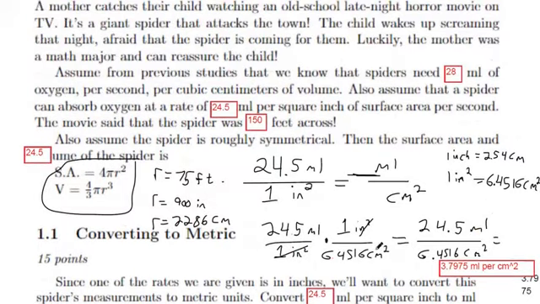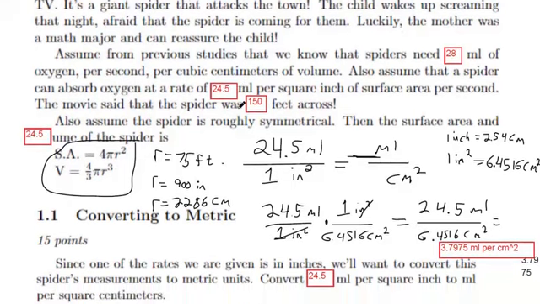What does it need? My spider needs 28 milliliters of oxygen per second per cubic centimeter of volume, and their spider can absorb oxygen. So my particular spider needs 28 milliliters of oxygen per second per cubic centimeter.